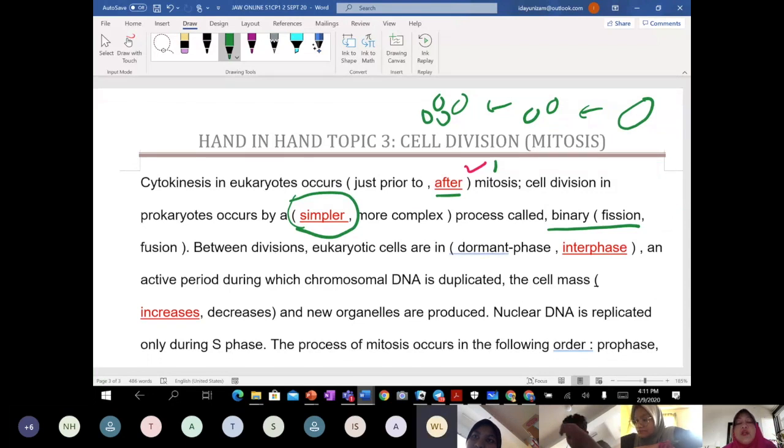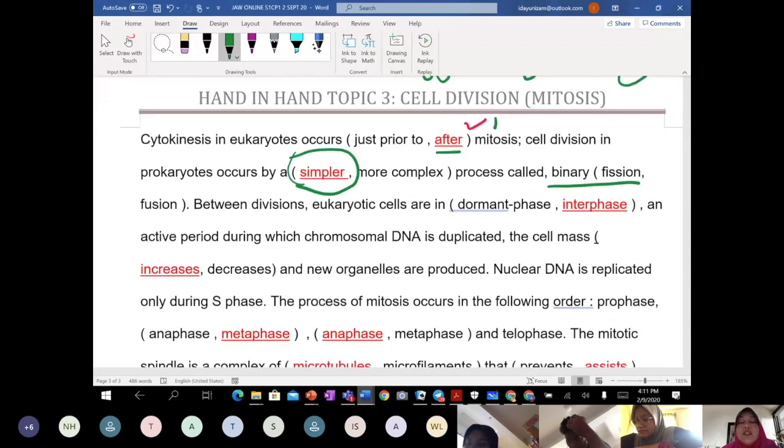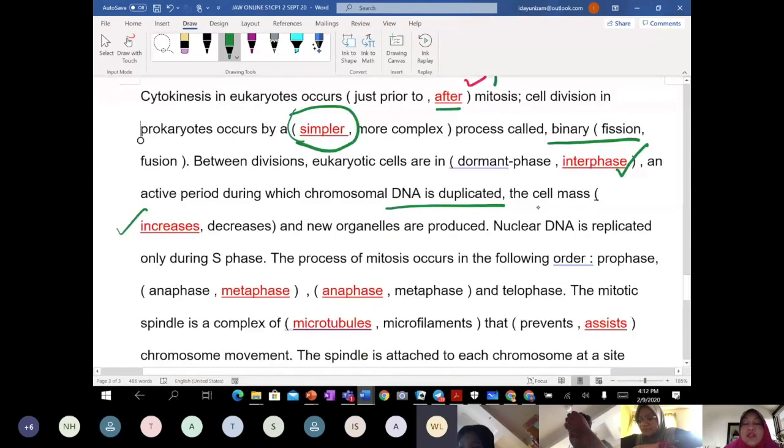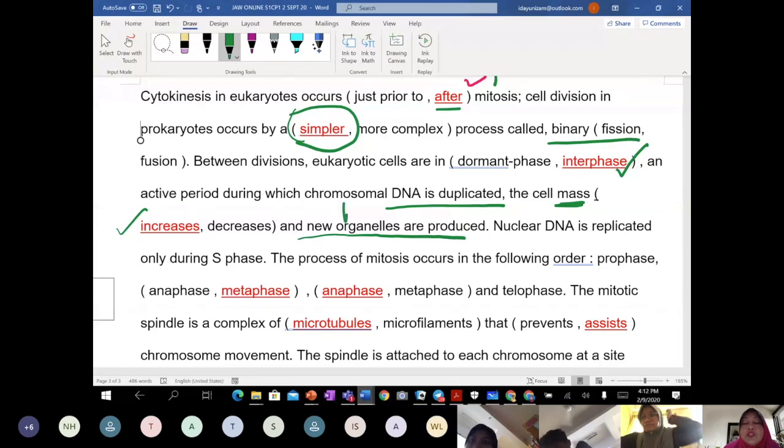Between divisions, eukaryotic cells are in the dormant phase, the interphase? In interphase the DNA is actively duplicated. This will increase the cell mass, like teacher discussed just now. And when the cell mass increases, the new organelles also increase.